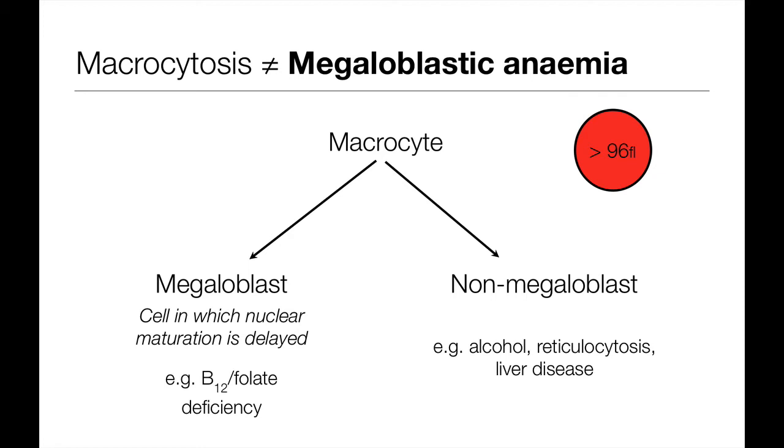On the other hand, in non-megaloblastic anemias, where the size of the cell is also enlarged, they are macrocytes, we don't see these aberrations in nuclear maturation and development. And it's important to be aware of some of the other causes of non-megaloblastic macrocytosis, such as excess alcohol ingestion, reticulocytosis, and liver disease, but a little bit more on this later.